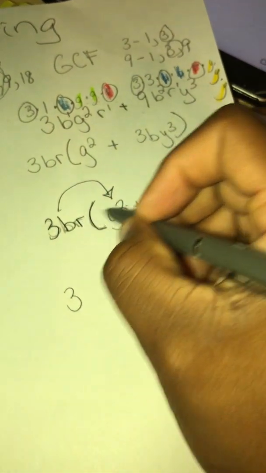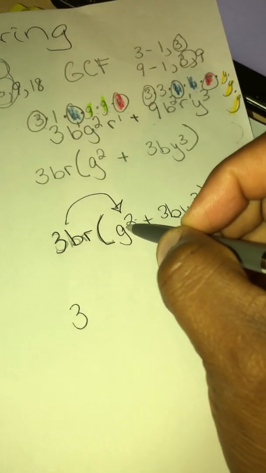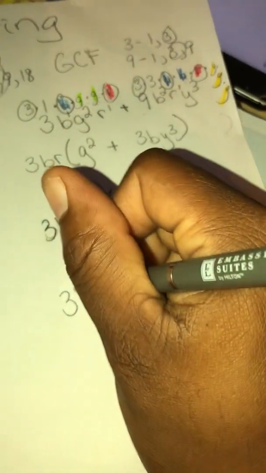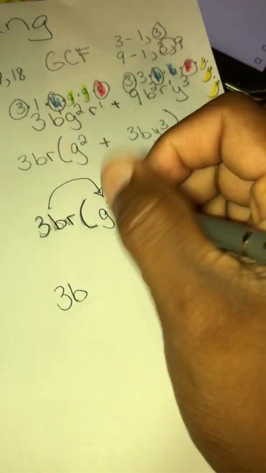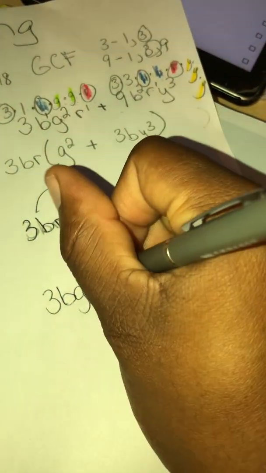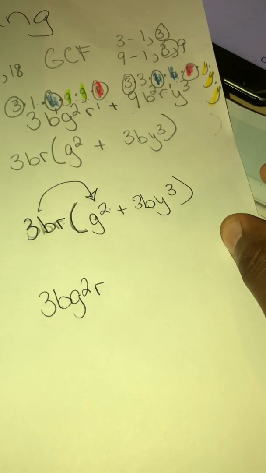And then all of the variables, unless the variable is the same in the problem, then I just leave it as is. So I know I have to put it in alphabetical order. So I have B. And then G comes next, so G to the 2nd power, and then R is last.